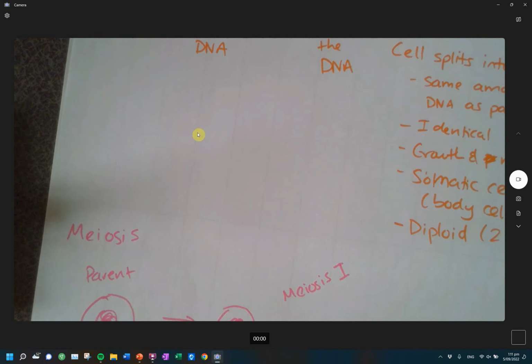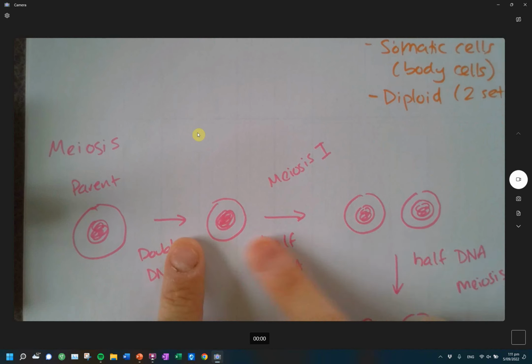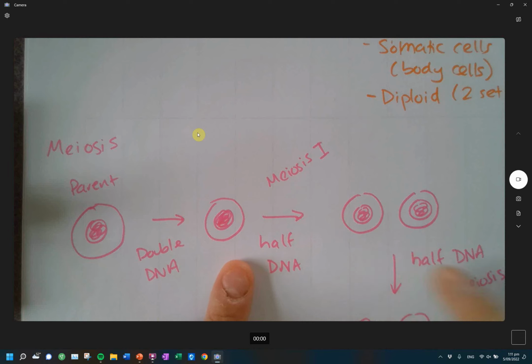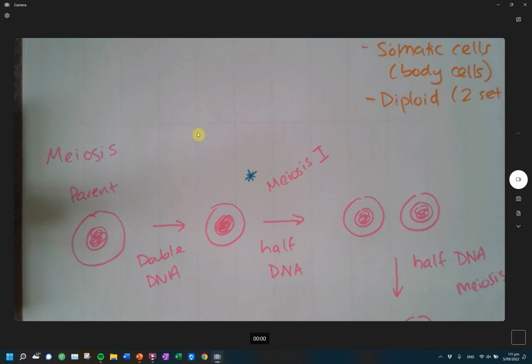All right, the specific step that I want to talk about is meiosis 1, when we go from here to here and we halve our DNA, because there's two very important things that happen there that allow for more variation.